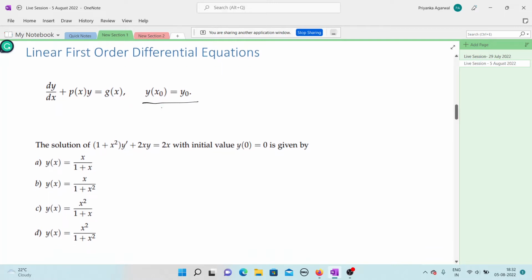Now for this integrating factor, mu x can directly be written as exponential of integral p dx, right? And the solution is given by y into this mu x equals to integral of gx into mu x plus constant. So this is the general solution.